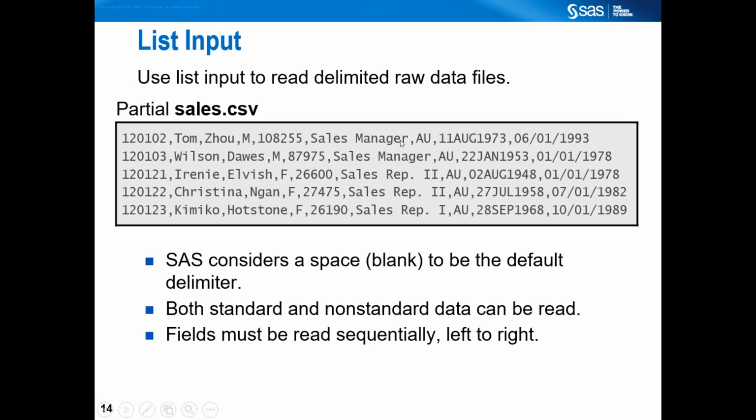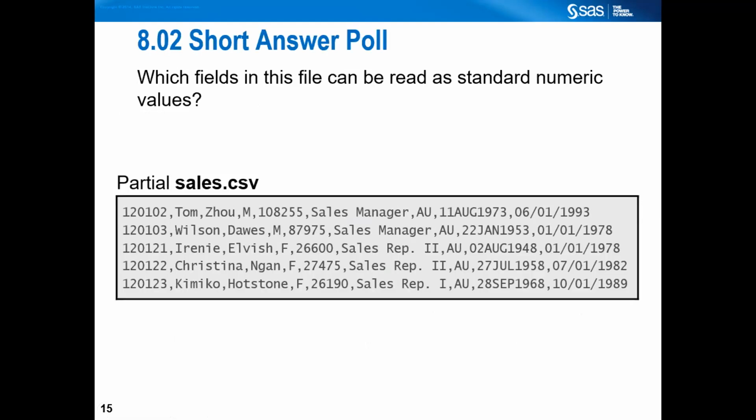From left to right, the record has to be read. That's the instruction we will give in the input statement. So answer this poll. Which field in this file can be read as standard numeric values?